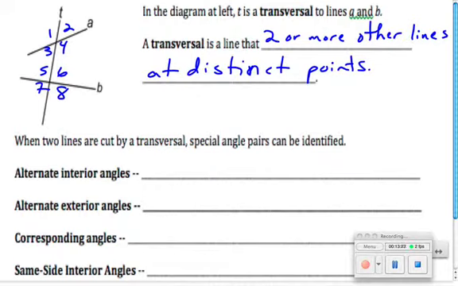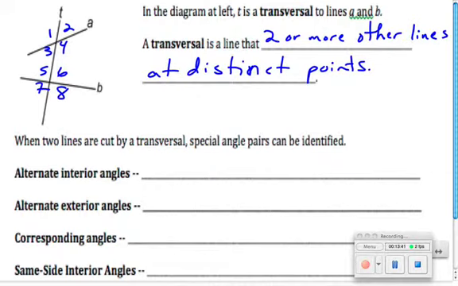So the first kind of special angle pair is alternate interior angles. And I want you to get to the point where the names of these special angle pairs kind of give away where the angles are.